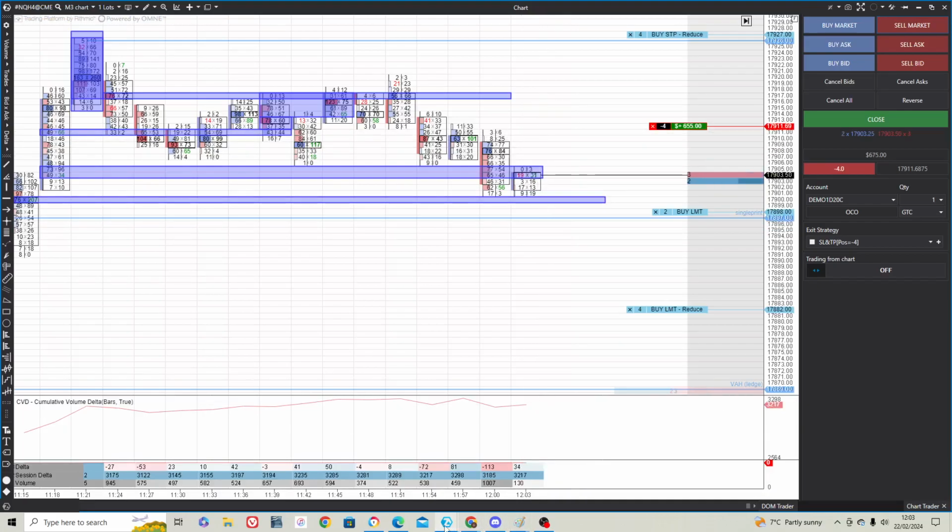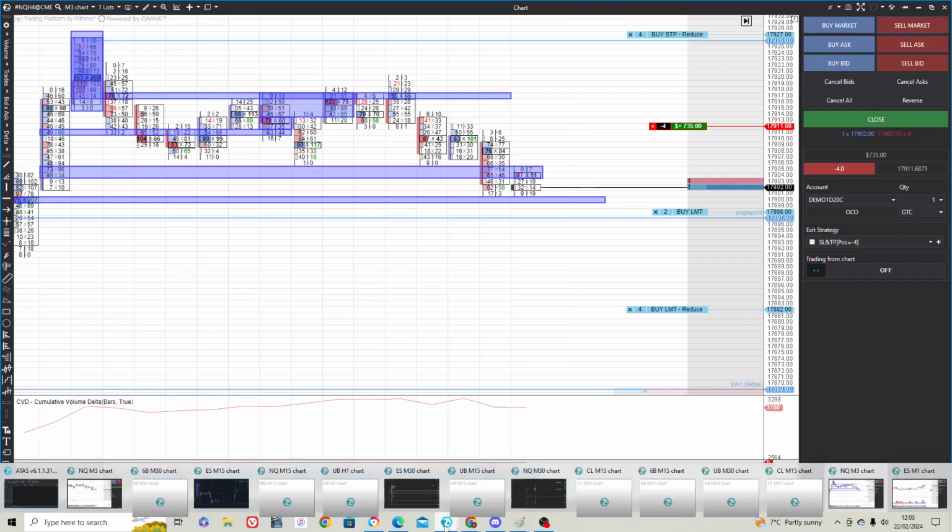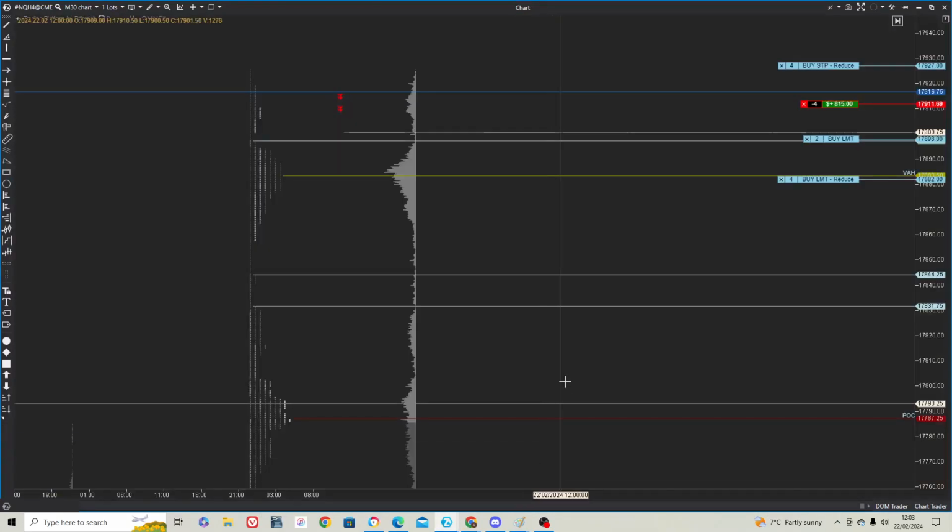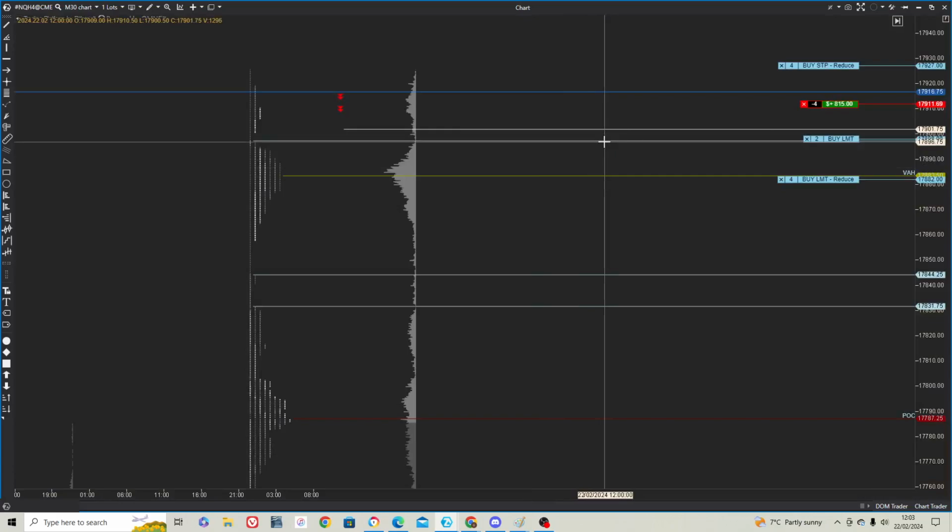Now we are so close to that single print, right where my buy limits are.